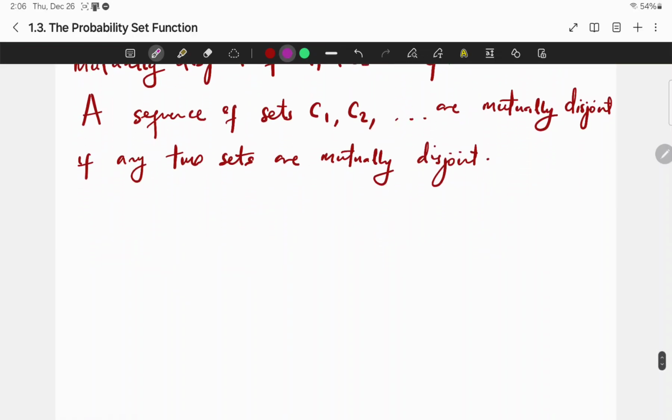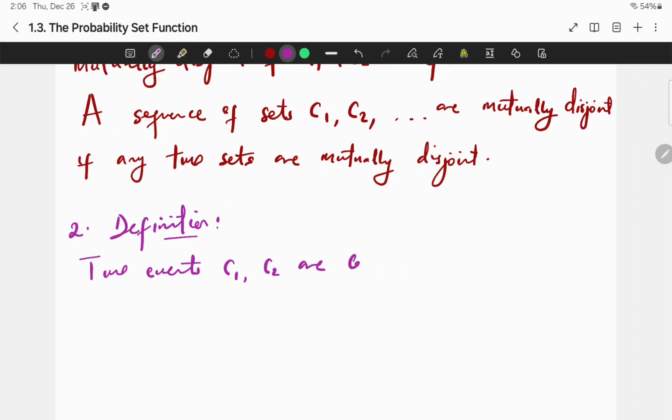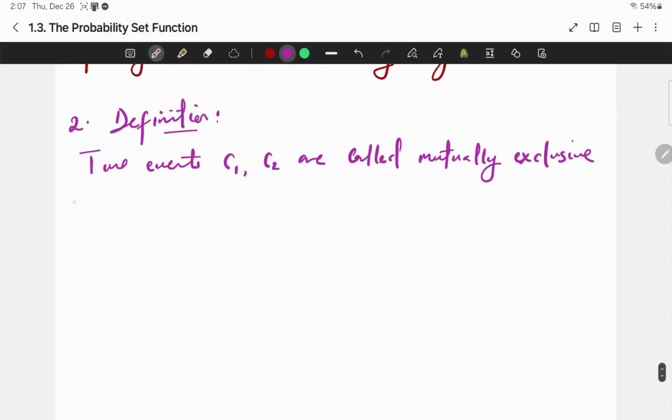Then let's check the second definition. Two events C1, C2 are called mutually exclusive if C1 intersect C2 is empty.